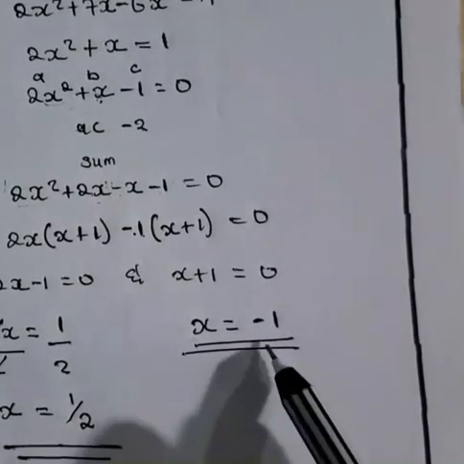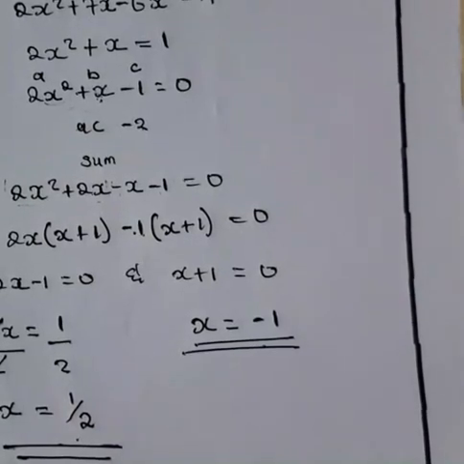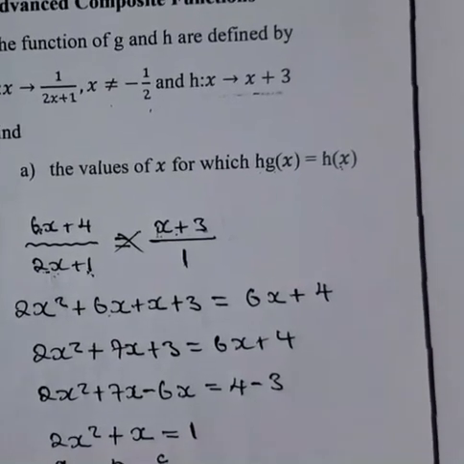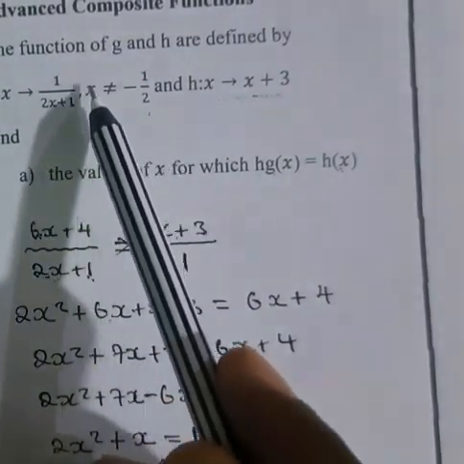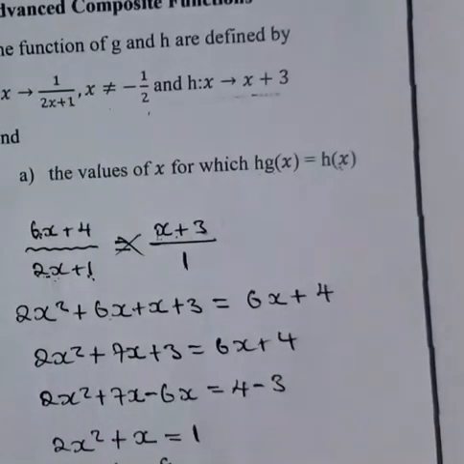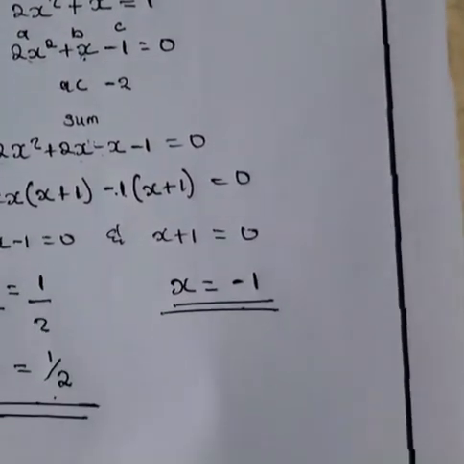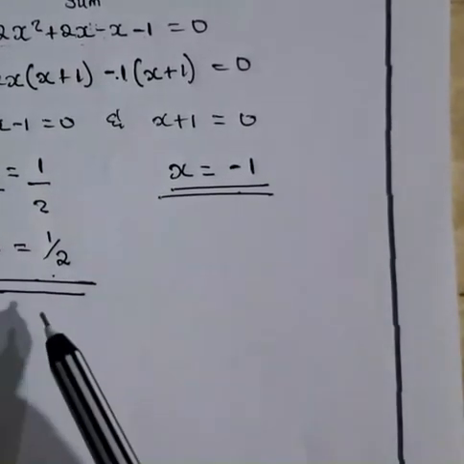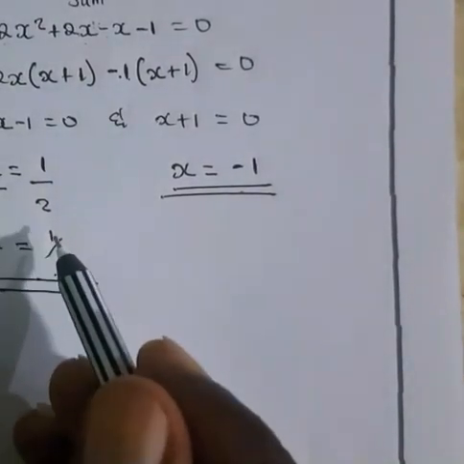Now, does that limitation apply to these answers? Let's go back to what we are given there. It says the value for x is not negative 1 over 2. Have we found negative 1 over 2 here? Is there any negative 1 over 2? No. So these are the values. Remember that if this was negative, we wouldn't have considered it.